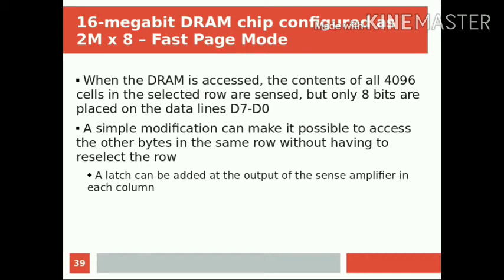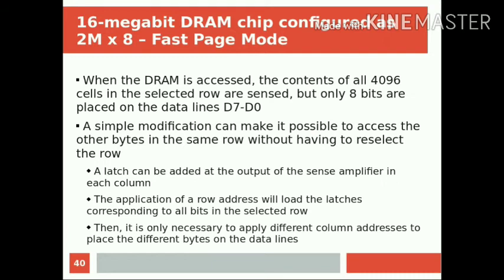A latch can be added at the output of the sense amplifier in each column. The application of a row address will load the latches corresponding to all bits in the selected row. Then it is only necessary to apply different column addresses to place the different bytes on the data lines.